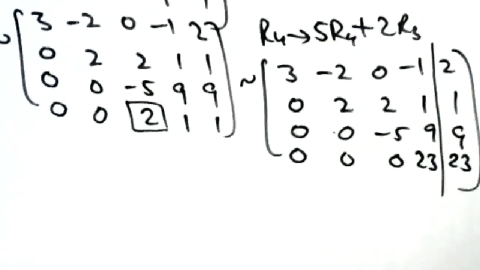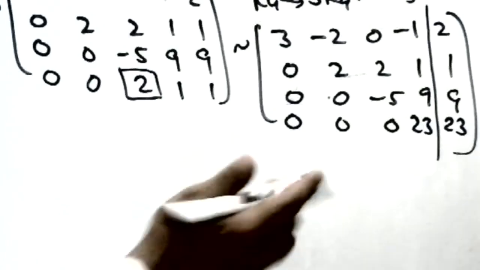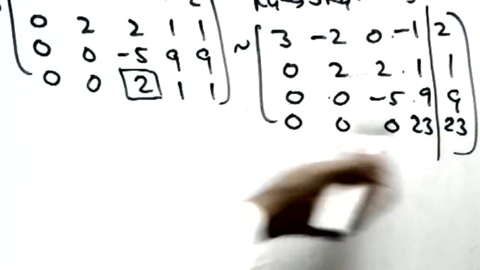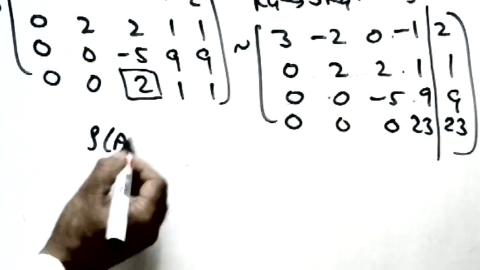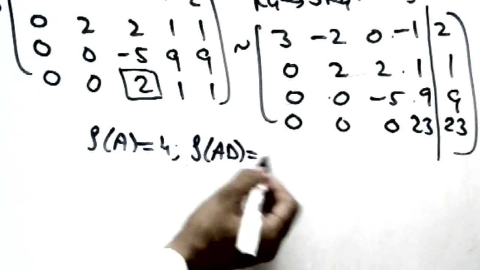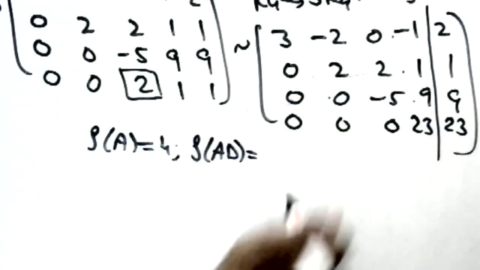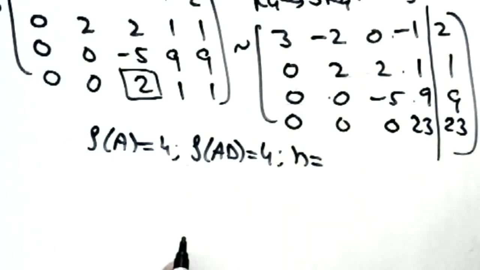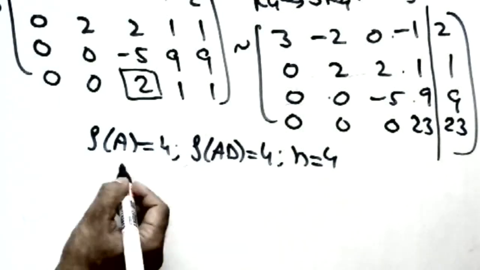Now we have this matrix. This remains A. This matrix is A. We are left with one number here, so 1, 2, 3, 4. The rank of A is 4. Rank of AD is also 4 because we have the numbers here. The variables also are 4: x, y, z, w.